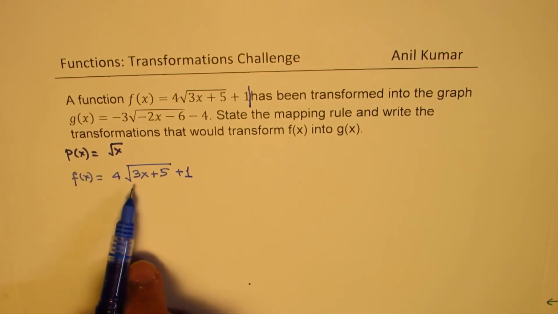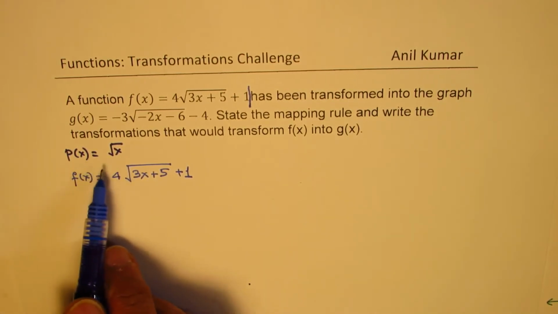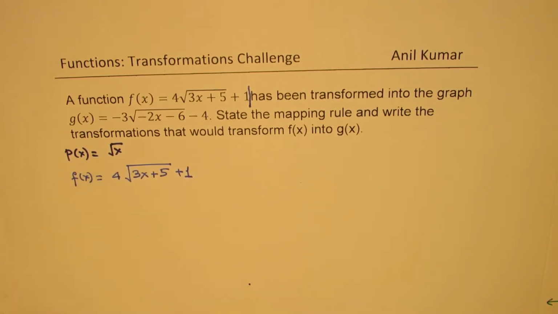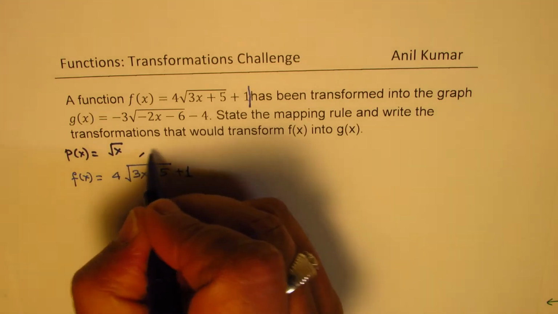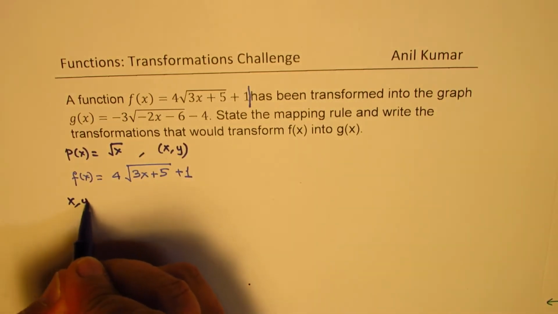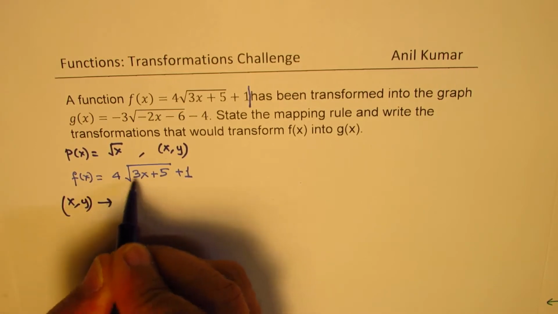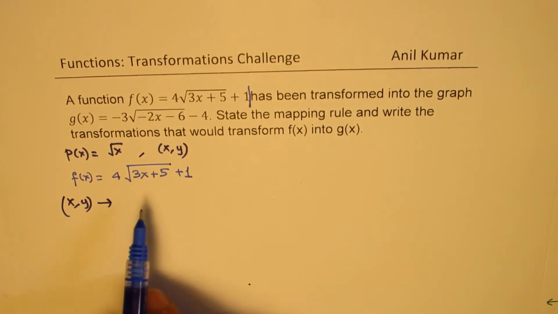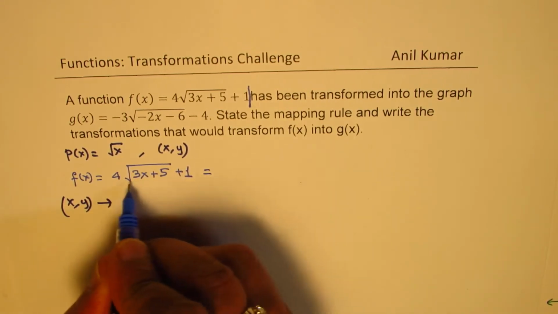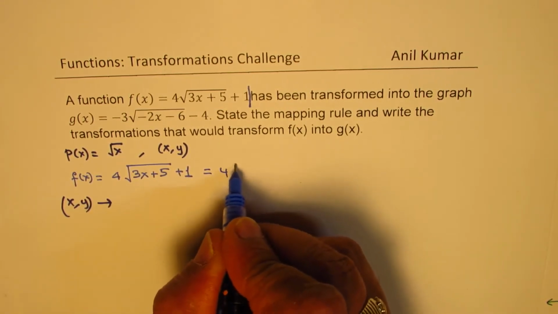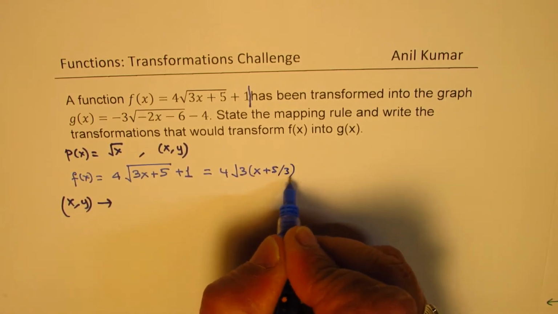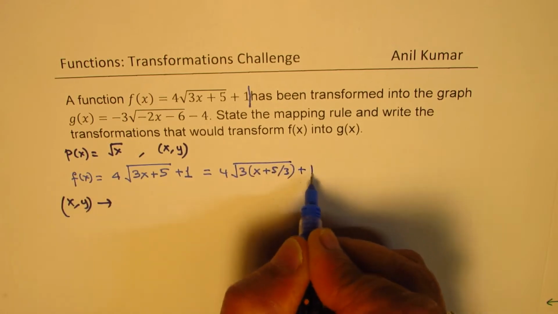If you look into this particular transformation, how do the coordinate points map? If we have a coordinate point xy here, how will this xy map into this particular function? Well, you should take 3 common. So we get 4 square root of 3 times x plus 5 over 3, plus 1.